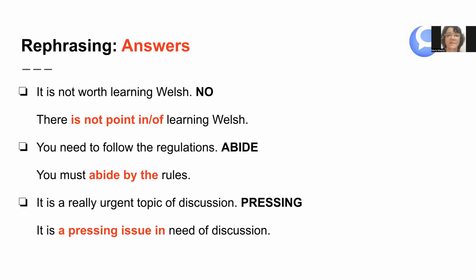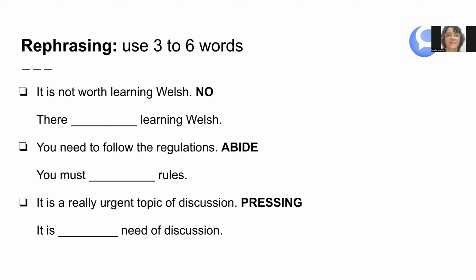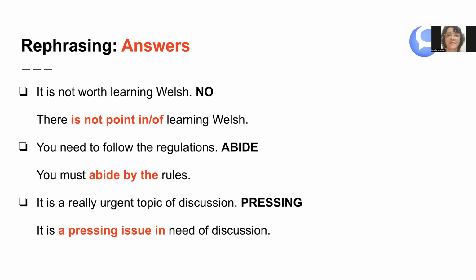It is not worth learning Welsh. Now, we need to use the word no as it put there. Sorry, not no. I could say there is no point in learning Welsh. There is a small error here. It should not be there is not point. It says there is no point in learning Welsh.